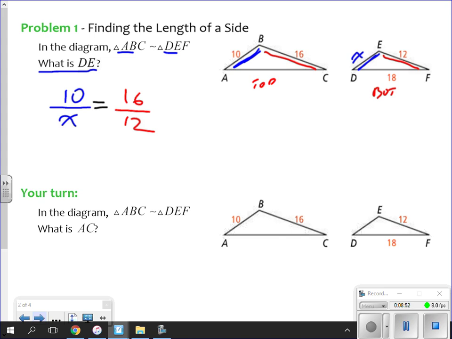And now this is a proportion. This is what we were doing yesterday. These are easy to solve from here. Cross multiply. That's what you do. Cross multiply. X times 16. 16x equals 10 times 12, which is 120.